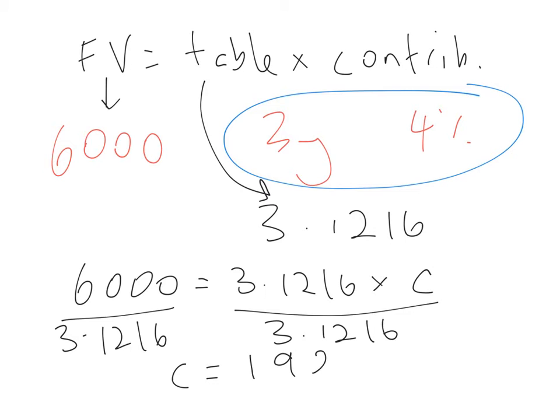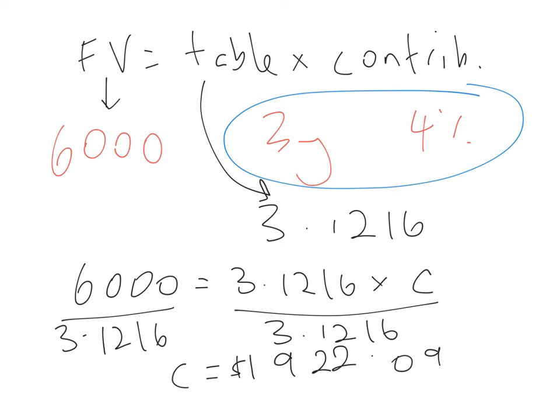So 1922.09. Okay, so I mean it's almost $2,000, which would, $2,000 a year will get you $6,000, but we're saving ourselves nearly $80 a year, which is not huge, but it's money for nothing.